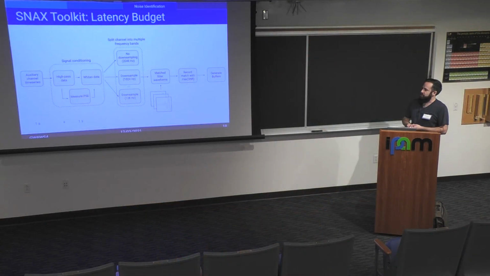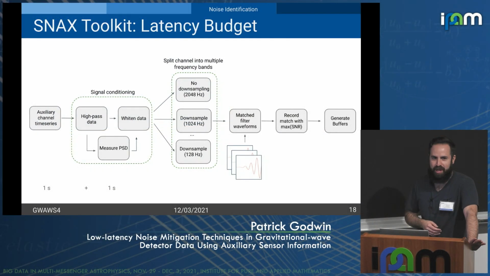So for example, what we traded off here was a zero latency whitener, but that has a phase response that isn't perfect. For example, it accumulates a phase offset, which is dependent on the PSD. So this wouldn't be suitable for a compact binary search, but for us, we're willing to accept this.